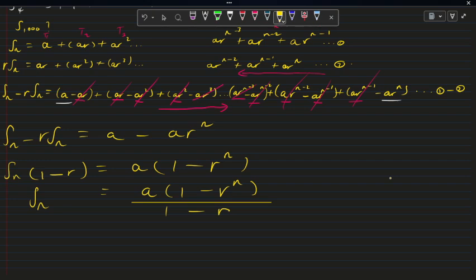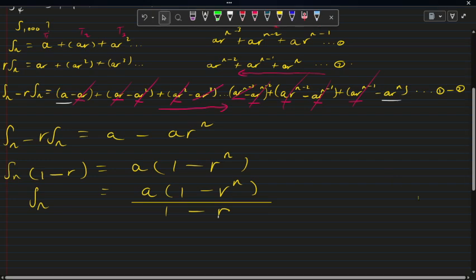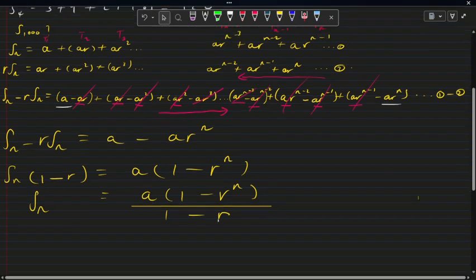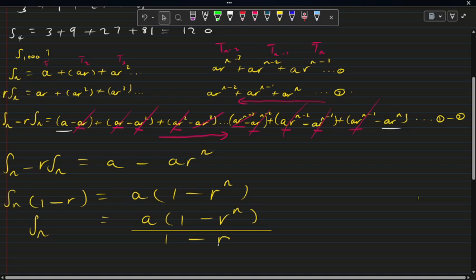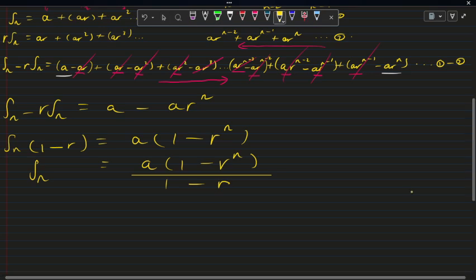Okay, so this is the equation that we use to determine the sum of any number of terms in a geometric series. But then there's one thing that has to be spoken about, that in this particular case, I said equation 1 minus equation 2, but then hopefully you can realize that I could have switched them around and I could have said that equation 2 minus equation 1.